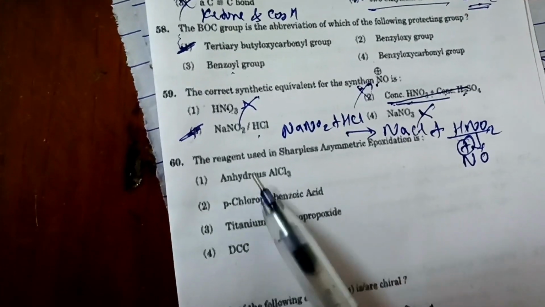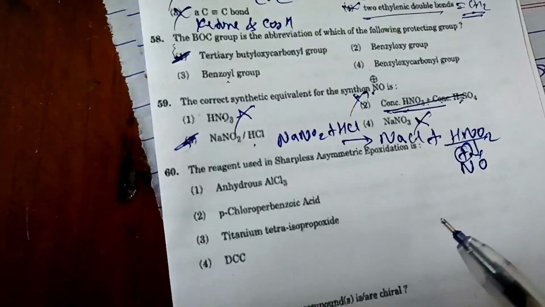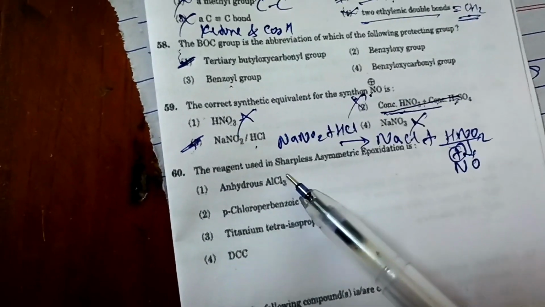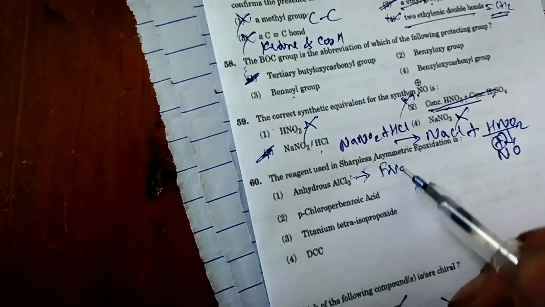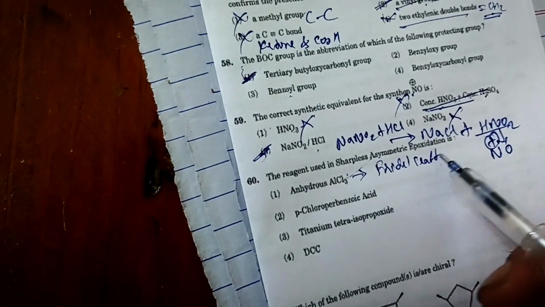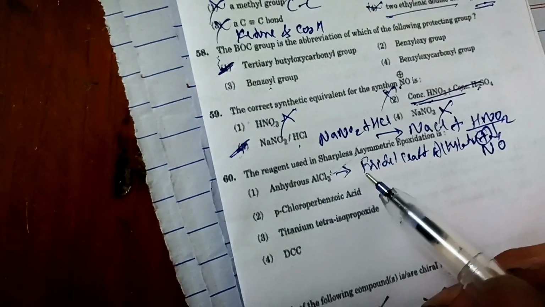Next will be the reagent used in Sharpless asymmetric epoxidation. Here there is anhydrous AlCl3. This is used in Friedel-Crafts alkylation, so it is used in alkylation.